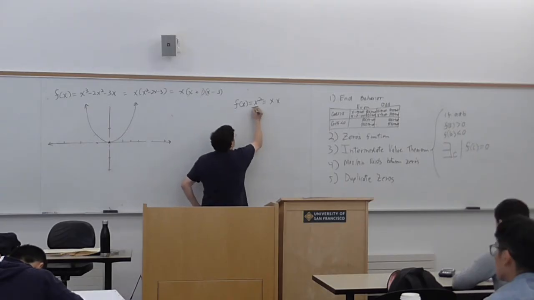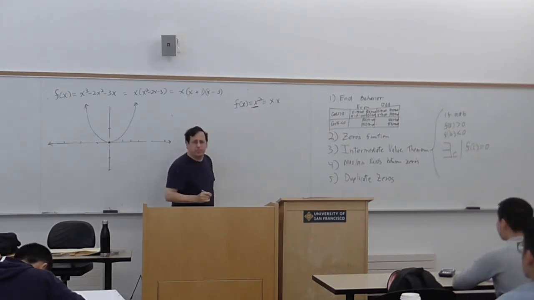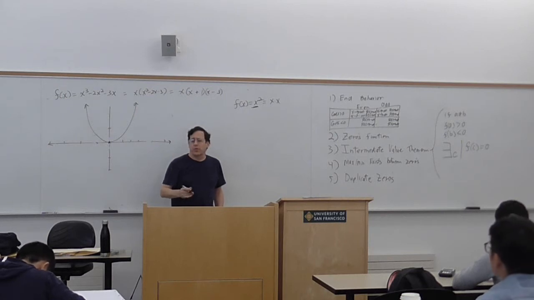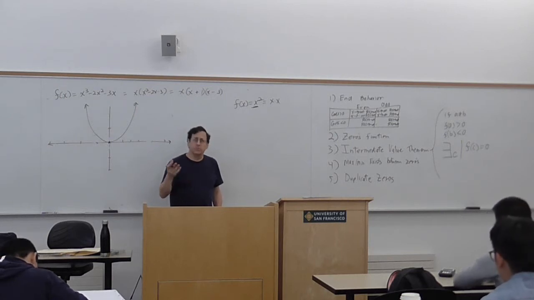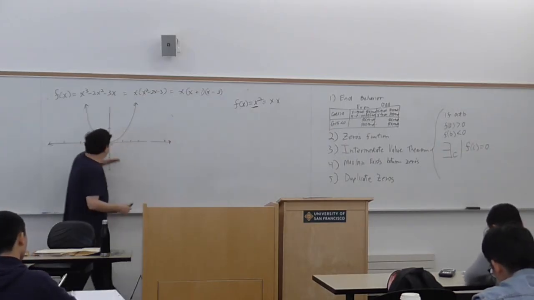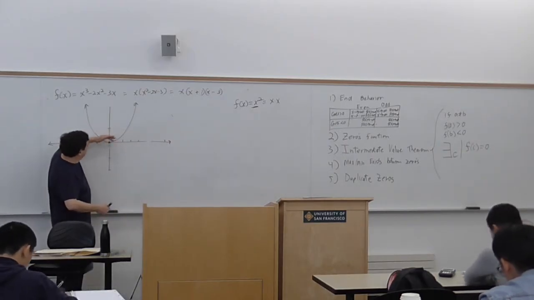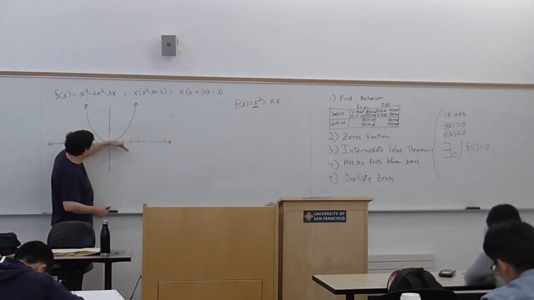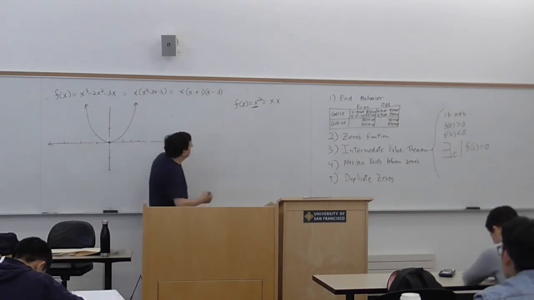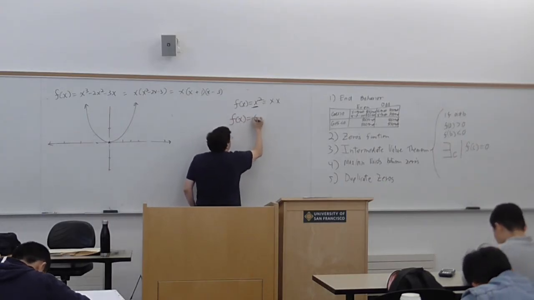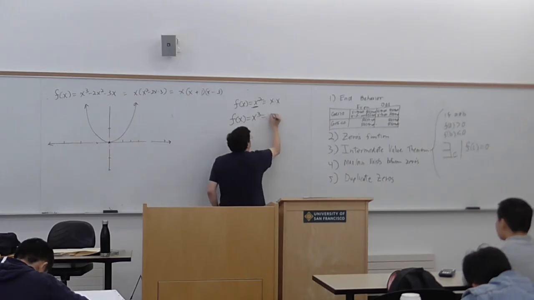This is kind of a prototype example for an even number of duplicate roots. They're going to just touch the axis, but whatever direction they came from, they're going to go off in. It could also be in the negative direction. The other kind of prototype will be x cubed, right?